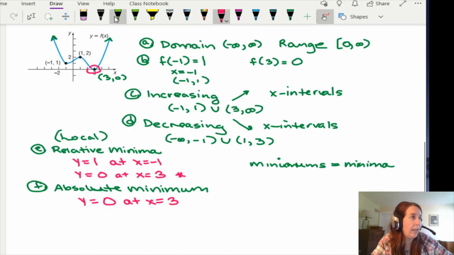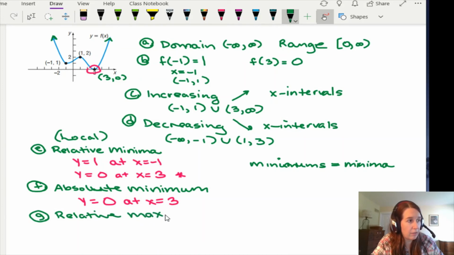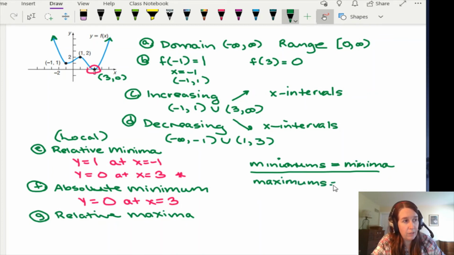And then let's talk about the maximums. Let's talk about the relative maxima. Just like minima is a plural, instead of saying maximums, in math we get a little fancy and we say maxima.